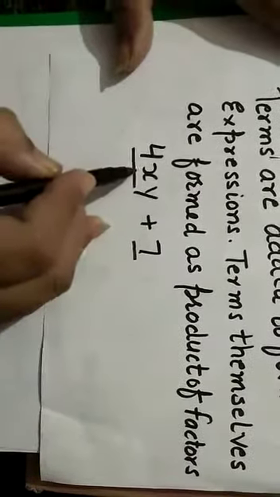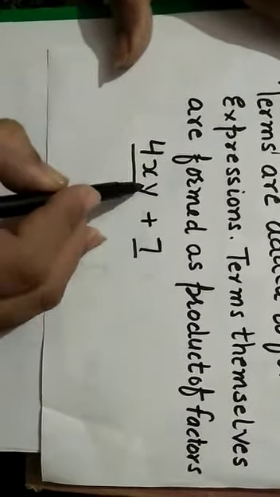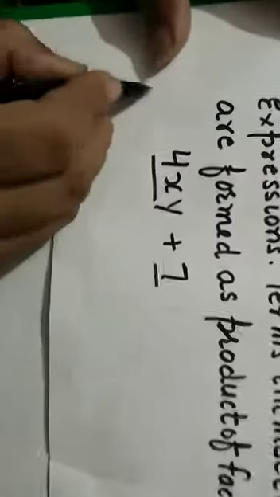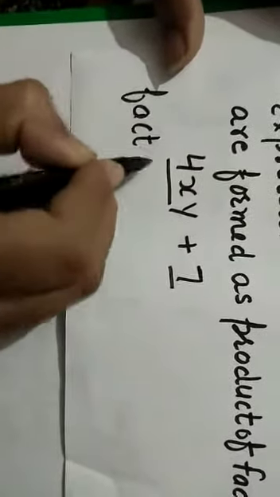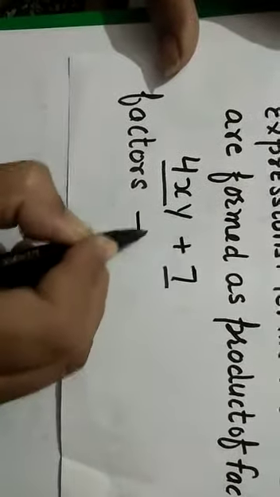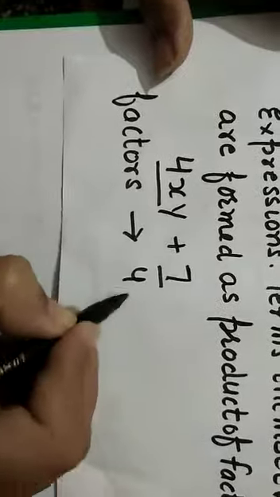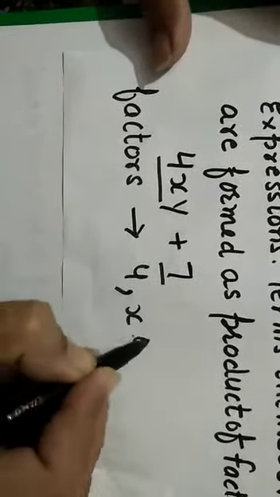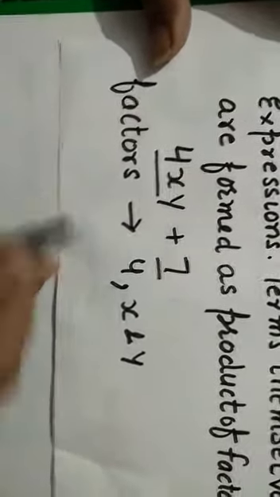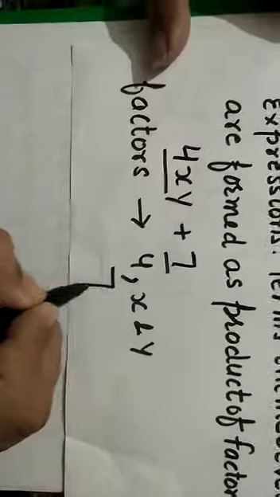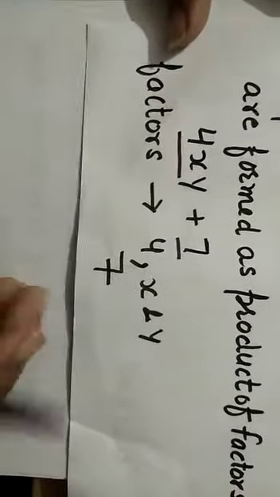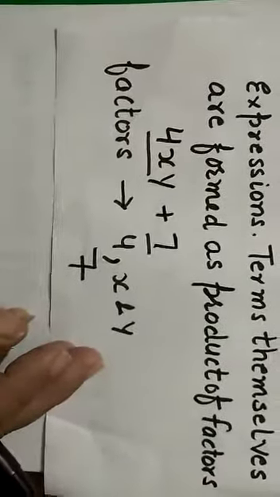Now, the first term, 4xy. So, the factors of our first term are 4, x and y. And in the second term there is only one factor, that is 7.